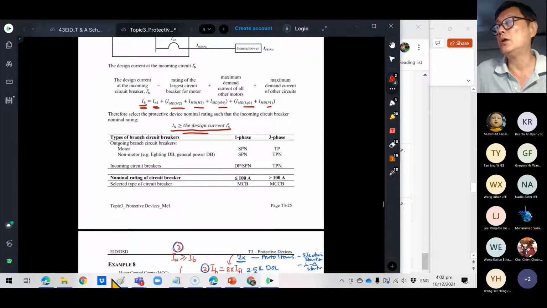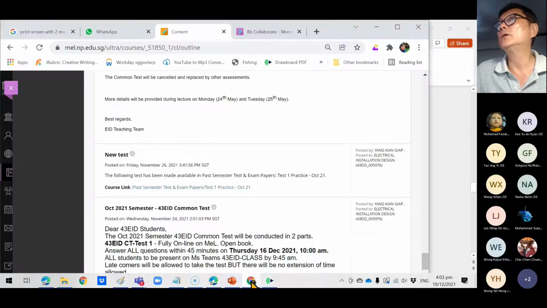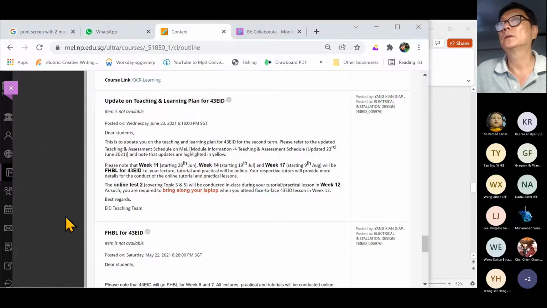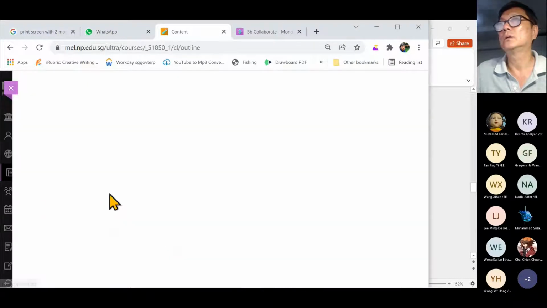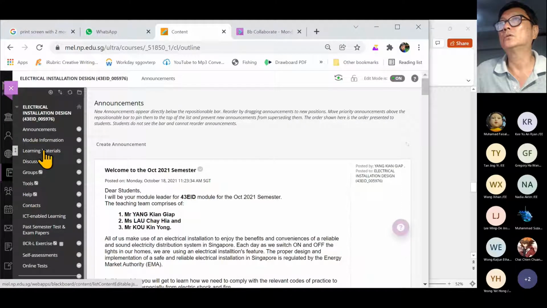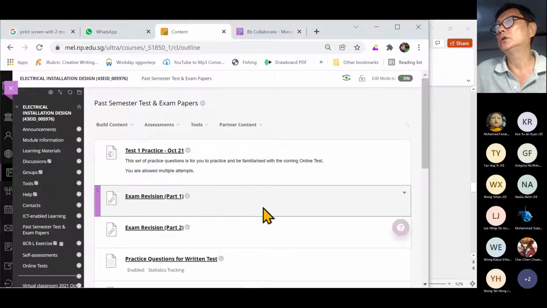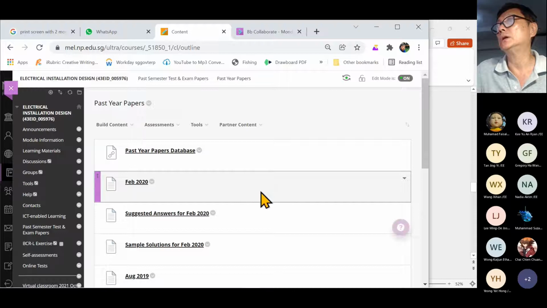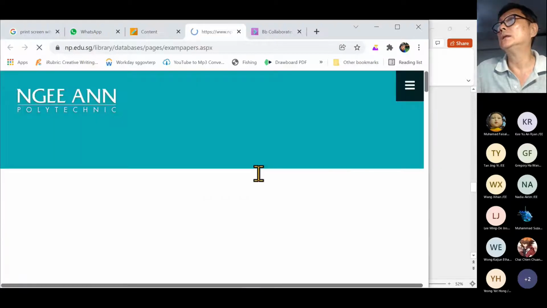Whenever you're not sure, you go to mail, and you go to any of the past year exam papers. Usually, if you take it out, you will see that the first page is always the page that gives you the range.